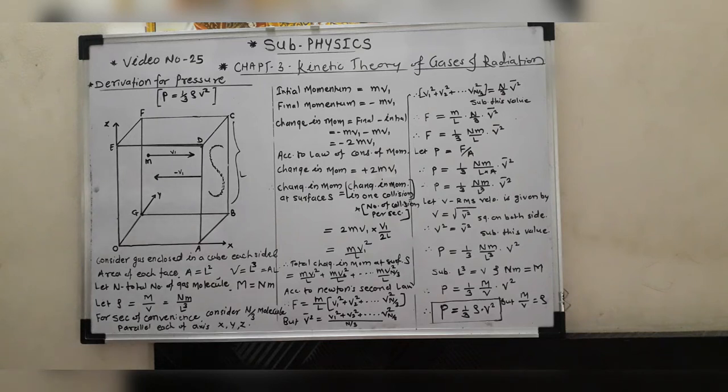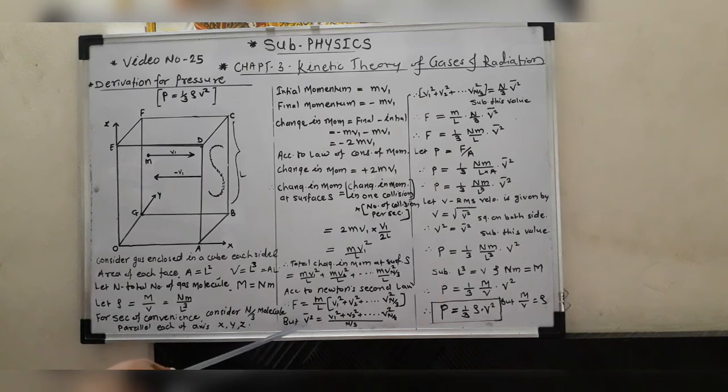Then we have to consider the mean square velocity. We have to separately explain the mean velocity, mean square velocity, and root mean square velocity, that is the RMS velocity. Therefore we can write here mean square velocity.